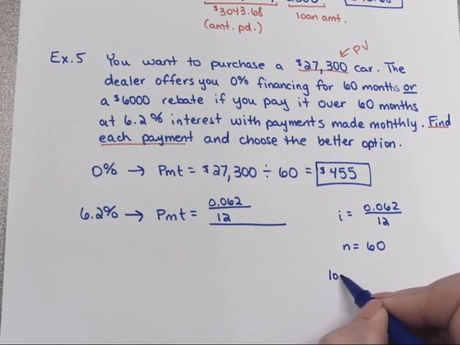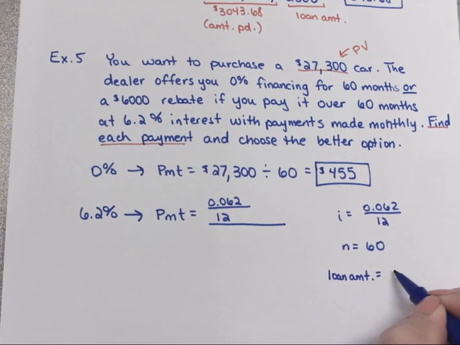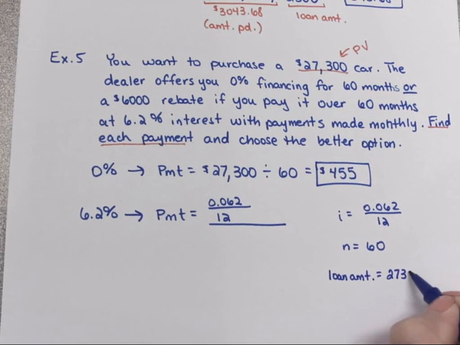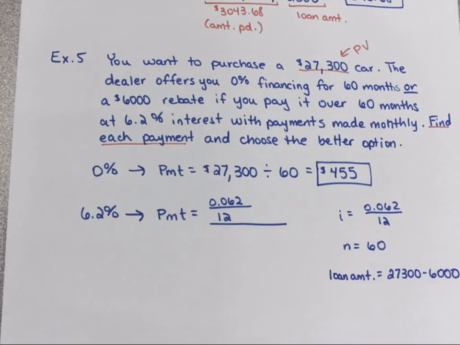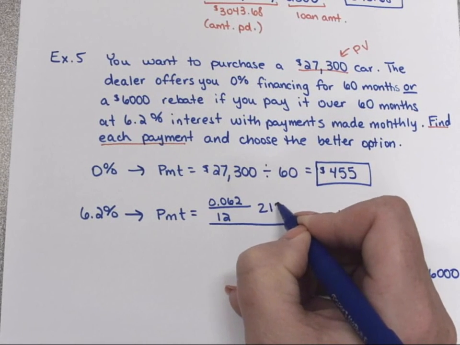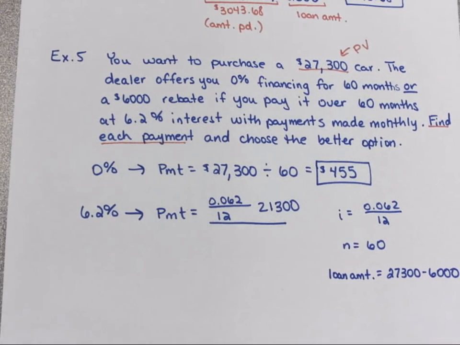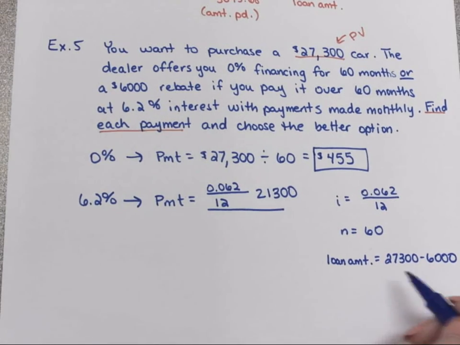If I want my loan amount, I need to take the price minus the rebate, because that's like a coupon. It's a really, really fancy coupon. So it's actually $21,300 that we're borrowing, because we had a discount of $6,000.